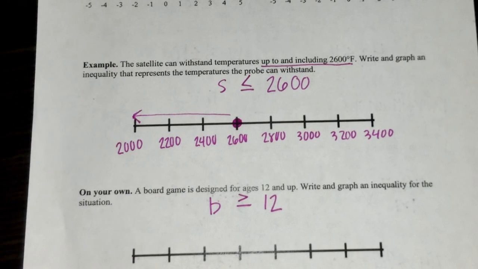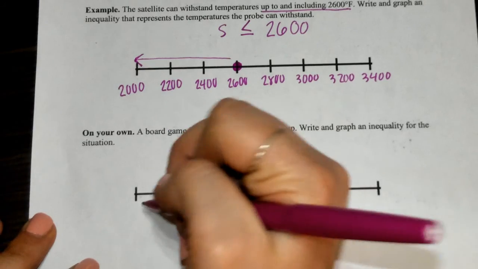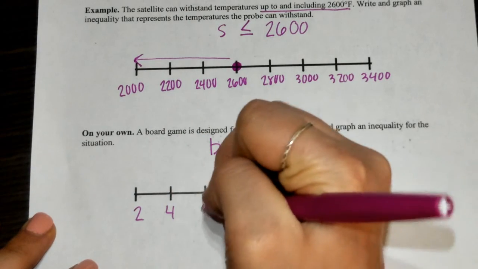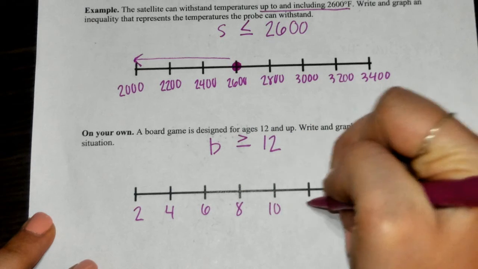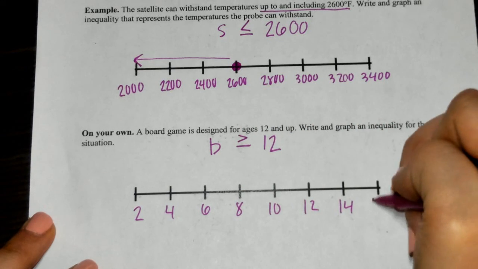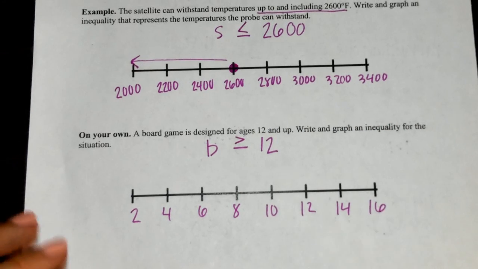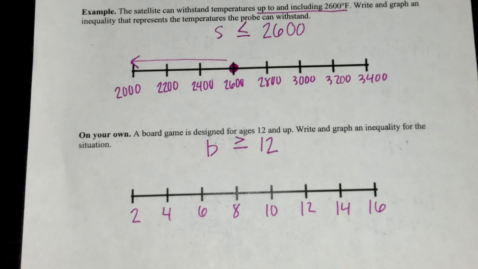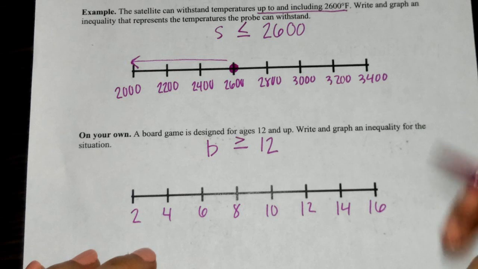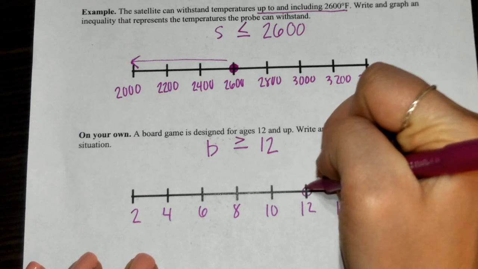Okay. So on this one, I'm just going to go up by 2s. 2, 4, 6, 8, 10, 12, 14, 16. Am I going to have a closed or open circle, Dallas? Closed. Why do you say closed?